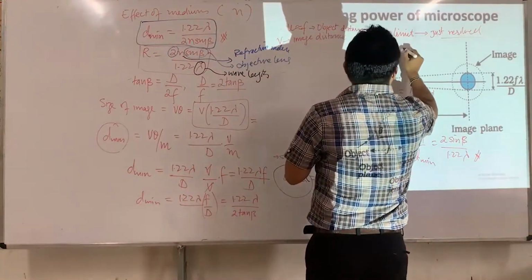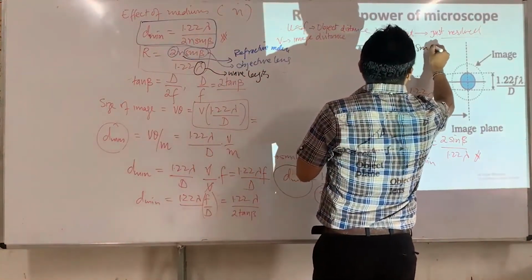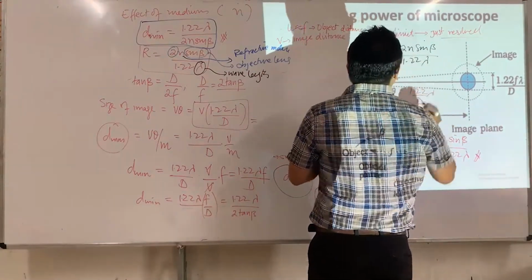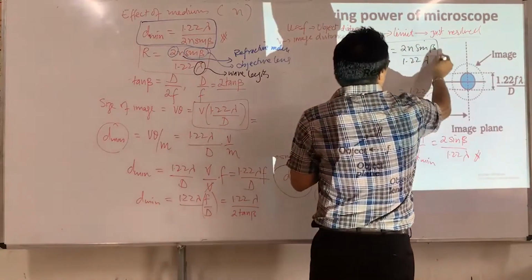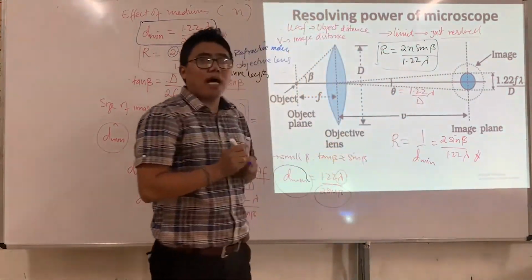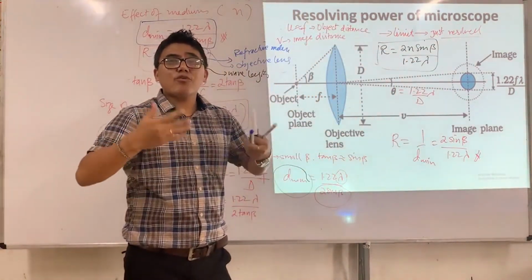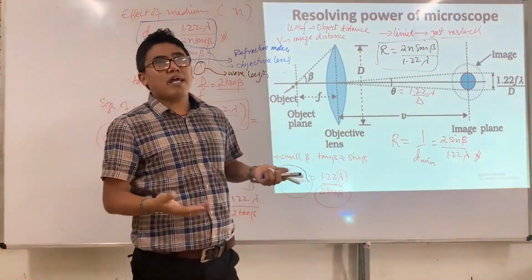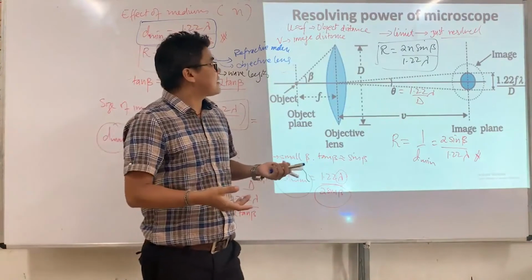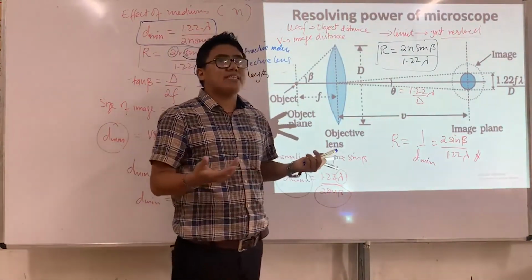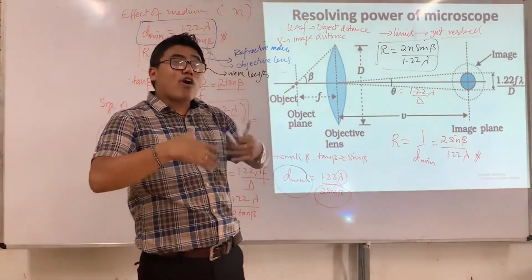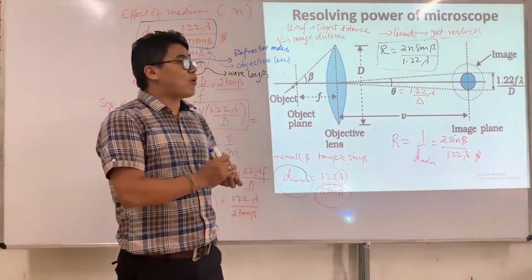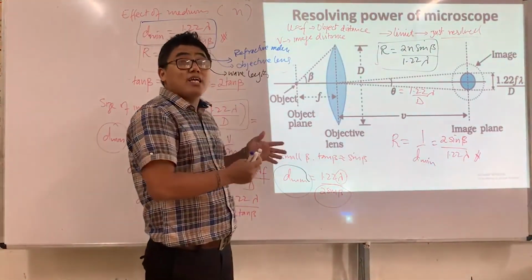When I use an electron microscope, I am sending electrons. And electrons have wave nature. The wavelength of an electron is a few angstroms, that is, 10 to the power minus 10, something like that. So the wavelength of an electron is much smaller than the wavelength of visible light.